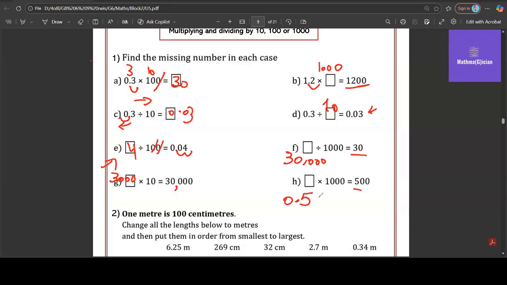Half of 1,000, we convert the multiplication into of. So what is the half of 1,000? It's 500. So this one is half, 0.5.